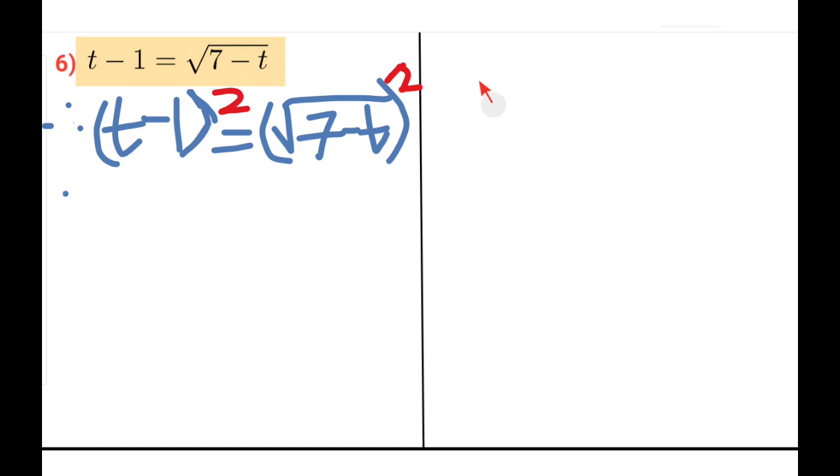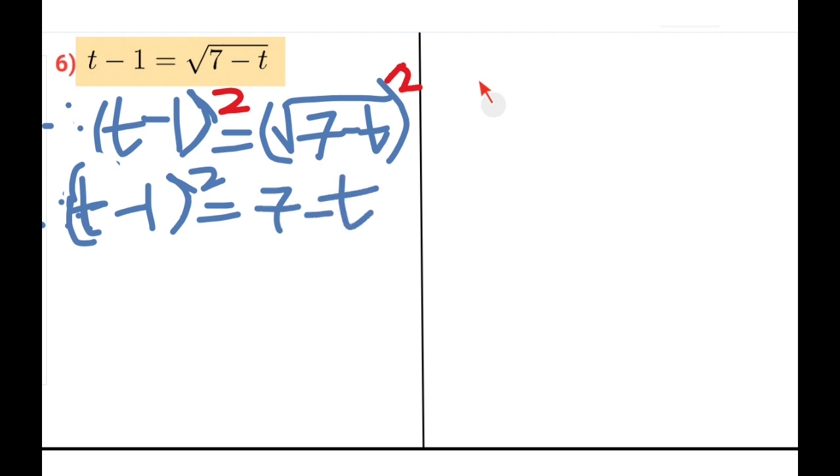Therefore, on the left hand side, we've got a binomial, t minus 1 all squared. I want us to deal with the right hand side first before we fix the binomial. So that's t minus 1 all squared equals 7 minus t.